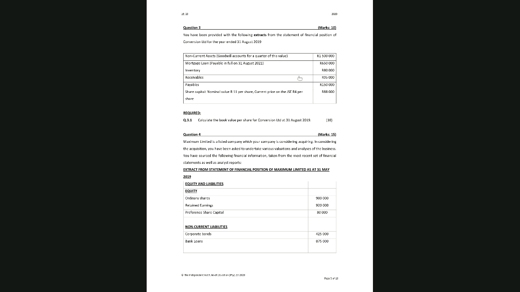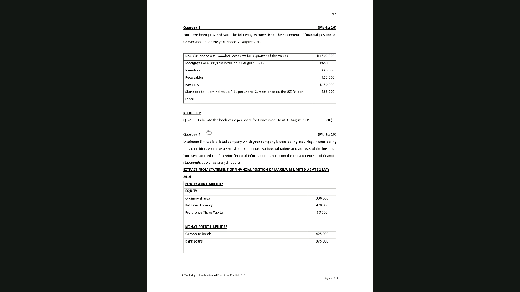And currently, if you purchased a share from another investor on the JSE at the moment, you would only have to pay him 4 Rand to get one of those shares. Okay, so the market price is 4 Rand per share. The nominal value is the amount that was originally paid when those shares were first issued. Okay.